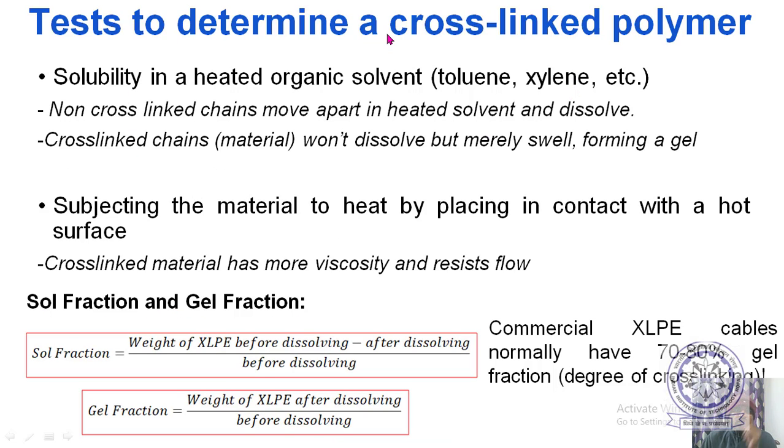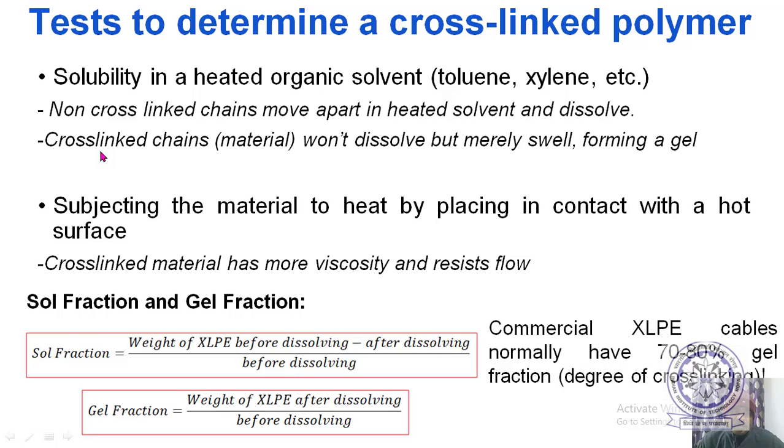Now, tests to determine cross-linked polyethylene. How much is the cross-linking? What is the level, the degree of cross-linking, as it is called? So, how is it estimated? Solubility in a heated organic solvent, for example, toluene, xylene, etc. The non-cross-linked chains move apart in heated solvent and dissolve.